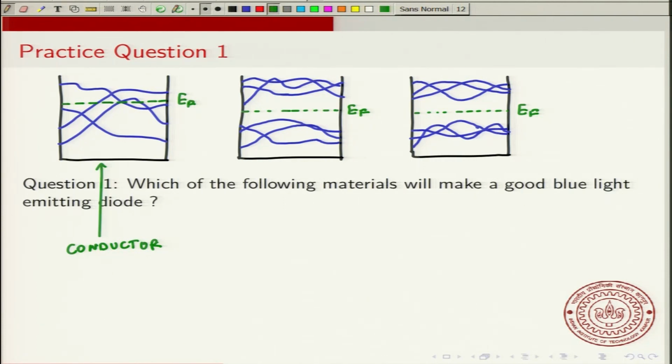The second case, now you have to identify what the band gap is. If you look at the structure, the bottom of the conduction band is here and the top of the valence band is here, and what you have is an indirect band gap.